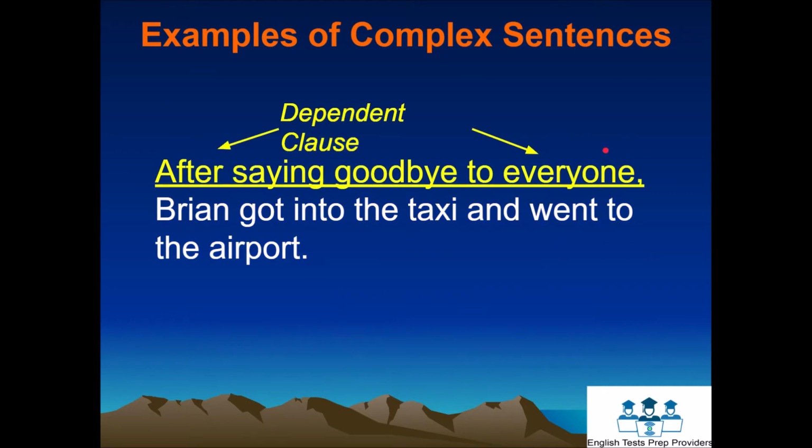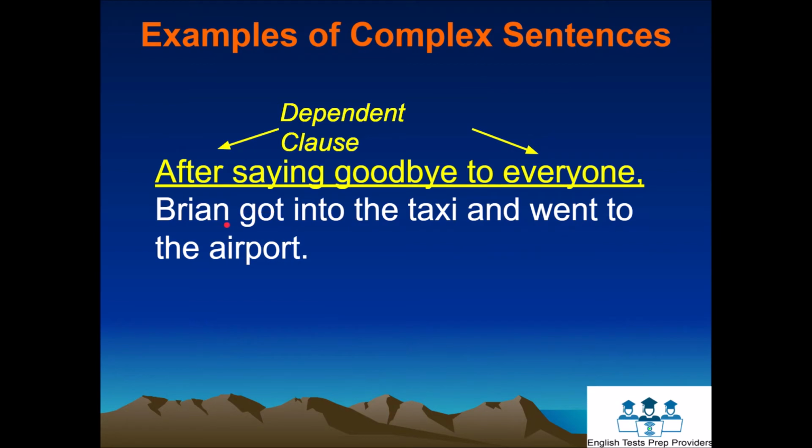It is a clause that depends on the complete sentence. After saying goodbye to everyone doesn't convey any meaning at all. But you have to keep in mind that after writing the dependent clause, it requires a comma before you are going to write the complete sentence.